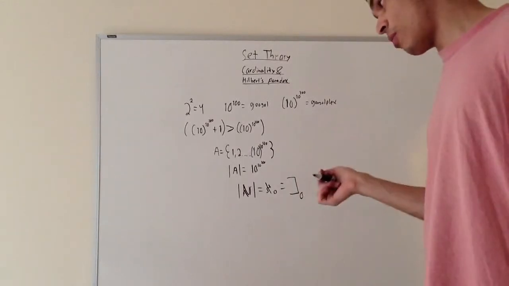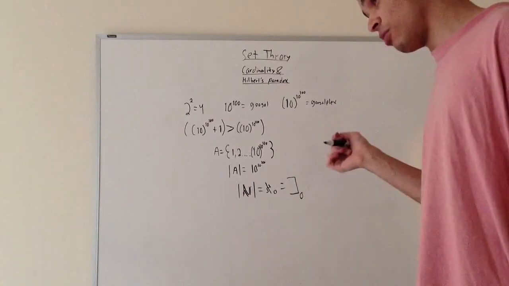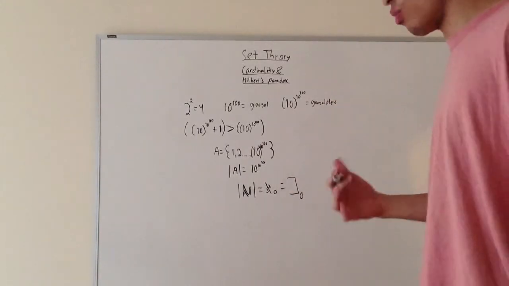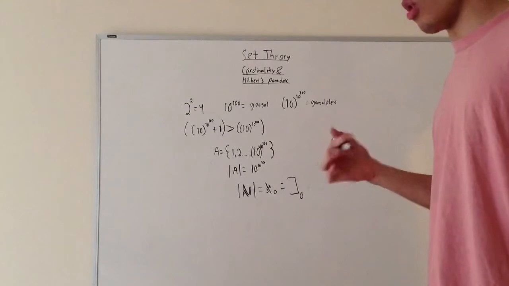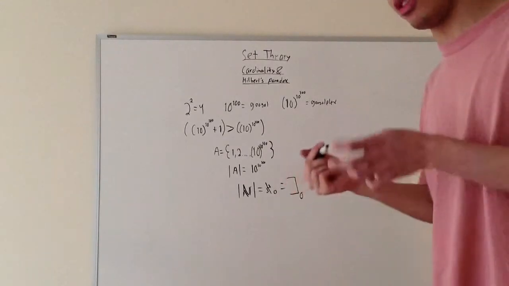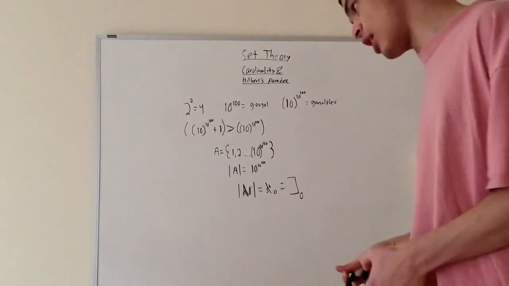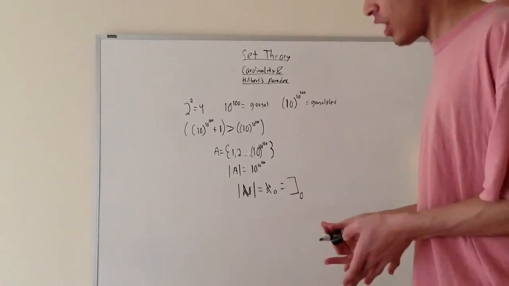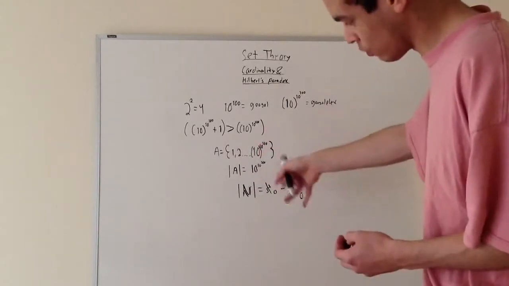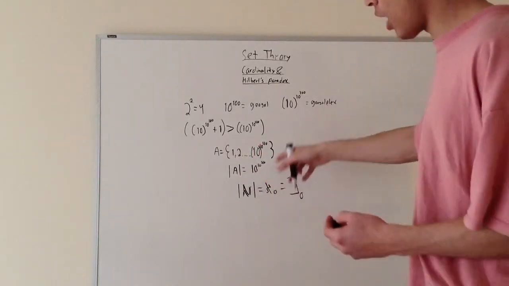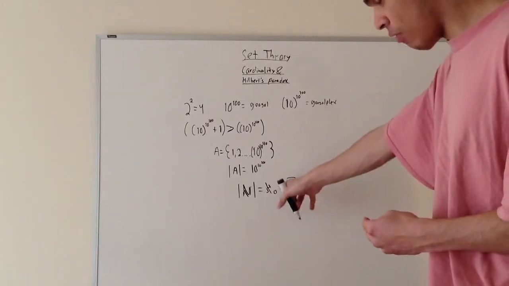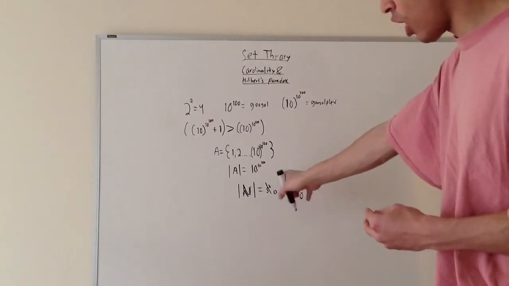But basically, the natural numbers have a countably infinite amount of elements, because you have 1, 2, 3, 4, 5. You know exactly what the next element is going to be. It's an intuitive understanding: I know for a fact the next element's 3, then 4, and so on and so forth, and I can do that for any natural number. Because of that, it has a special cardinality, aleph naught.